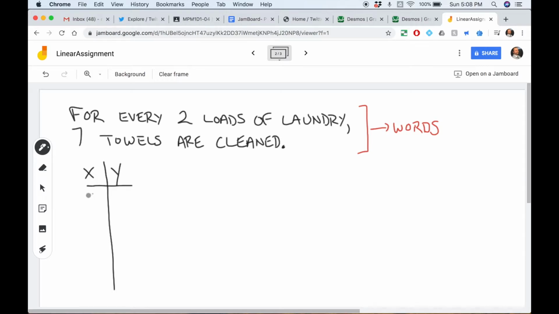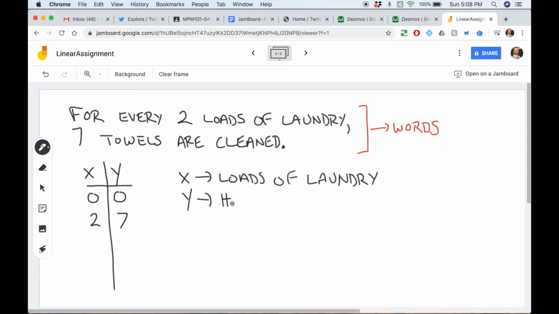And I know that when I haven't done any laundry, I don't have any towels that are cleaned. When I do 2 loads of laundry, I have 7 clean towels. So here X is the number of loads of laundry, and Y is the number of clean towels.